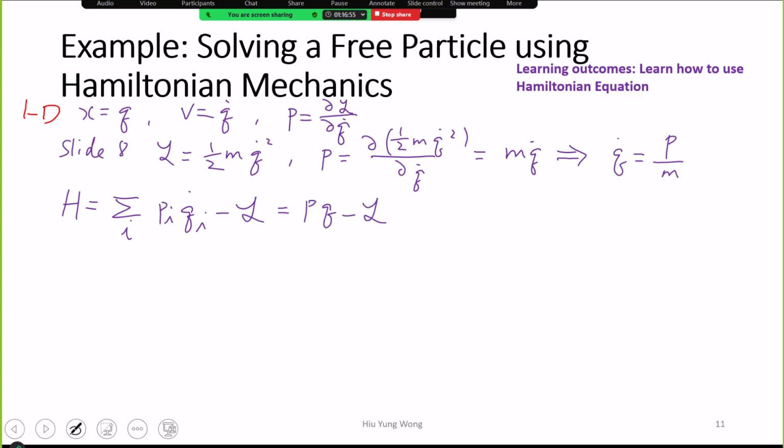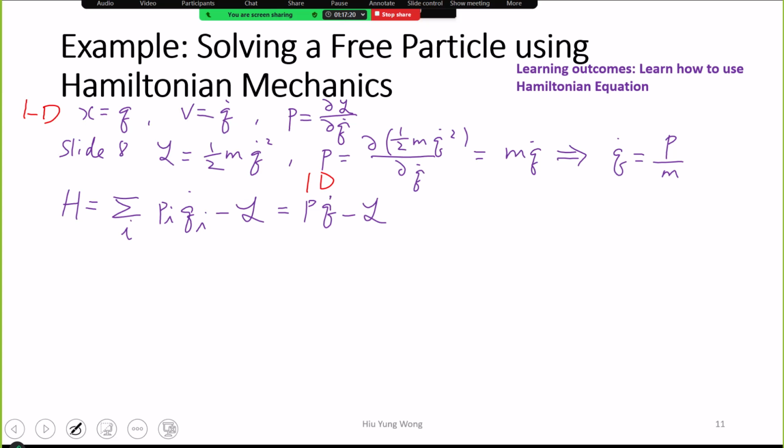Oh, sorry, p q dot. Good point. It's p q dot. Now, I do not want q dot because, as I said, the Hamiltonian has the coordinates and momentum as its independent variables. I need to replace q dot.